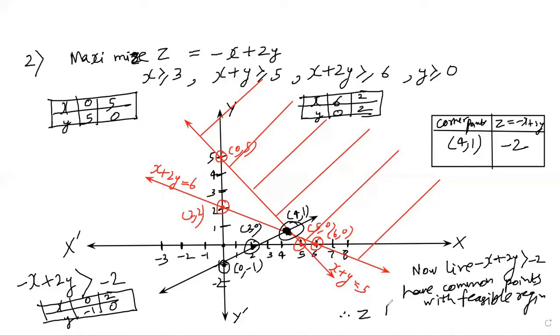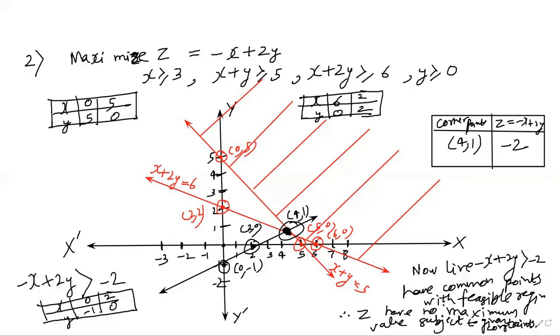Therefore, z has no maximum value subject to the given constraints. That is how we are going to do it.